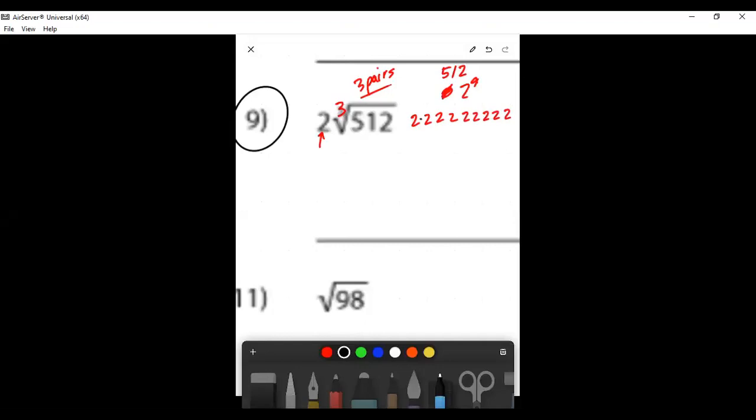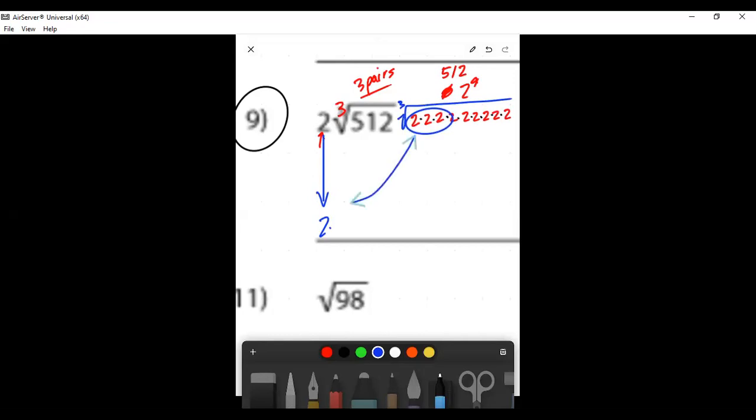So, these are all multiplied, right? That's what the exponent means, 2 to the 9th power. Now, I'm looking for groups of 3. This is the cube root. So remember, I already got a 2 outside the house, and now I got another group of 3.